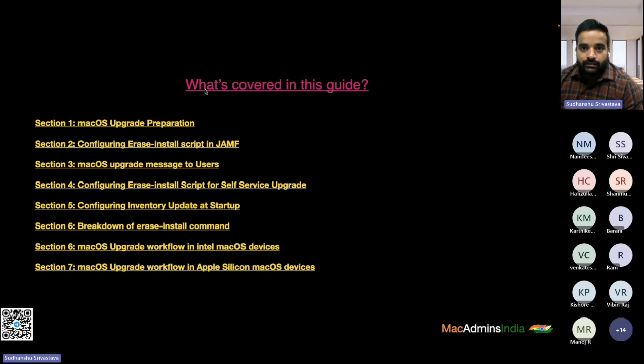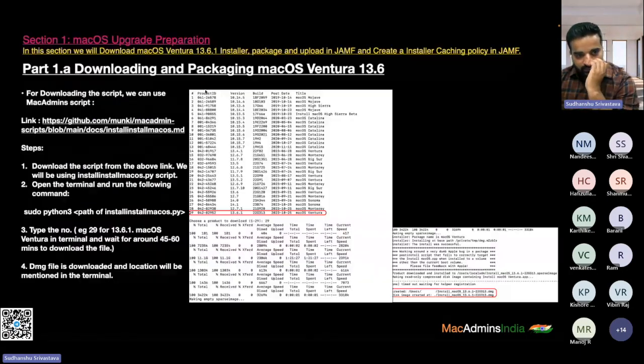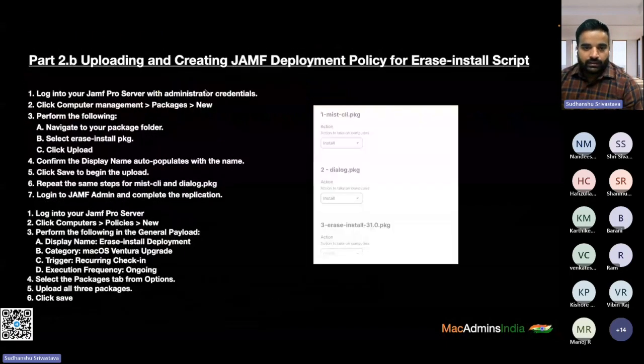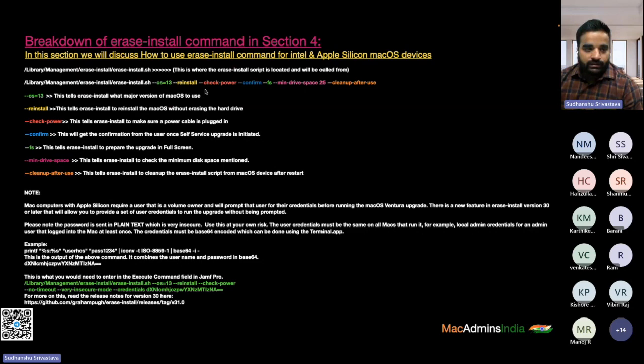We need an extension attribute to give us the value of the erase-install version, so that we can add it into the smart group and into the target. Otherwise we won't be able to get the erase-install version in Jamf. That would be a very difficult process, but I'll try to make it simpler.